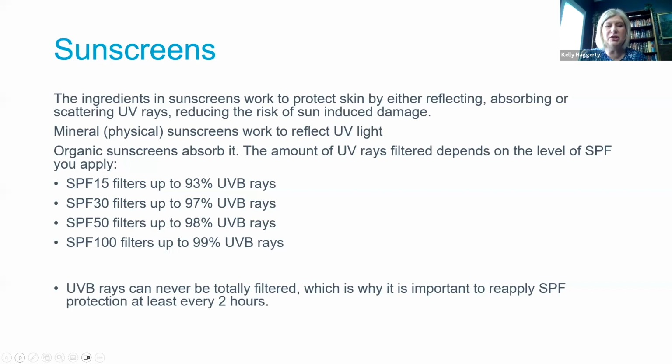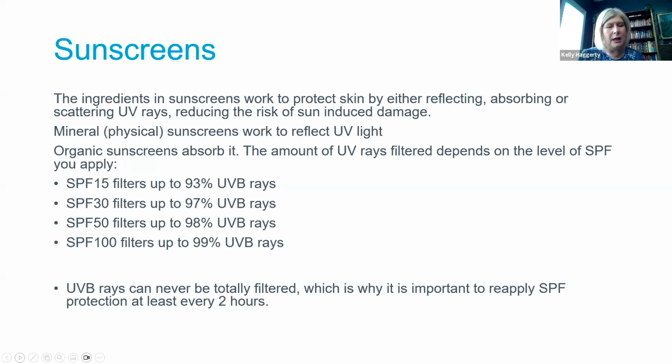Now, there has been a change in the nomenclature in regards to sunscreens. So what we used to call a chemical sunscreen is now called an organic sunscreen. As you can see, sunscreens are going to filter sun to a different level. So it's important to understand the concepts of UVA and UVB radiation and how terminology like SPF applies to that.